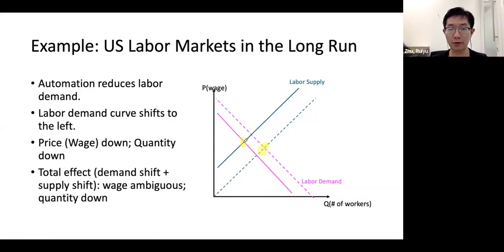The wage effect is ambiguous, because the shift in labor supply will increase the wage, but the shift in labor demand will decrease the wage. So if we add the two effects together, it's hard to say whether the net effect is positive or negative. The wage is ambiguous, but the quantity is going down because both changes decrease employment. So that's the effect in the labor market in the long run.